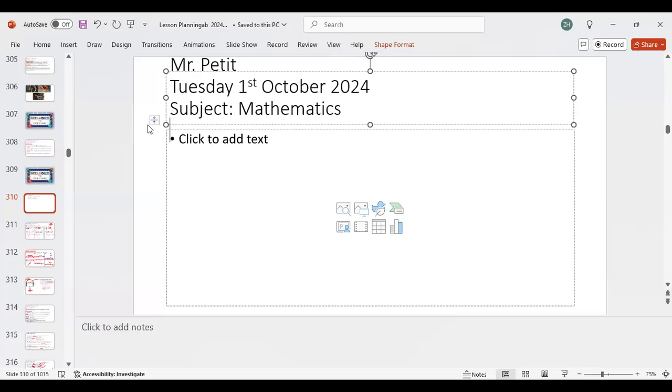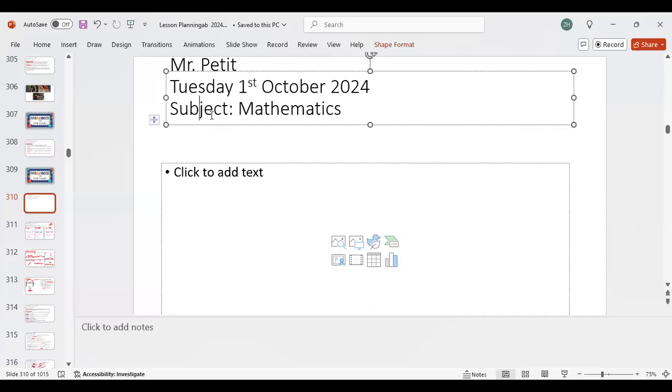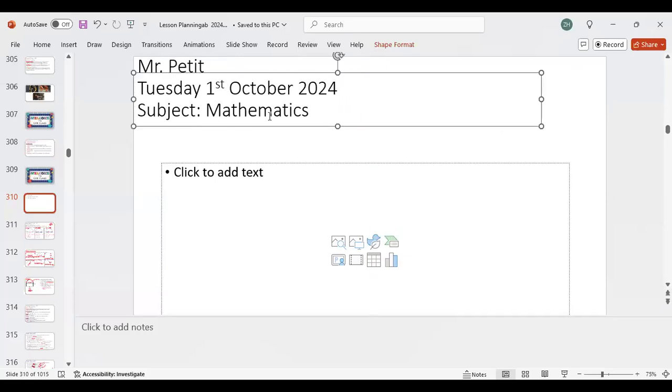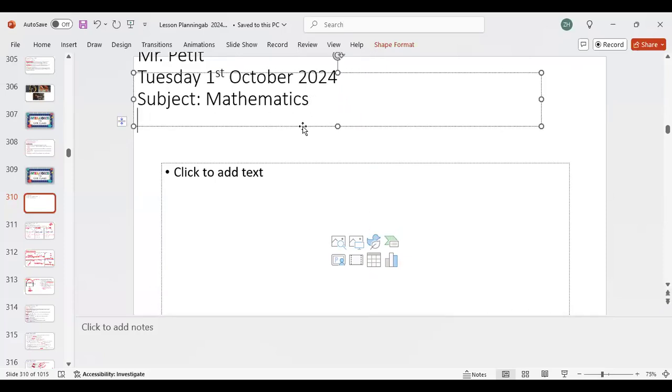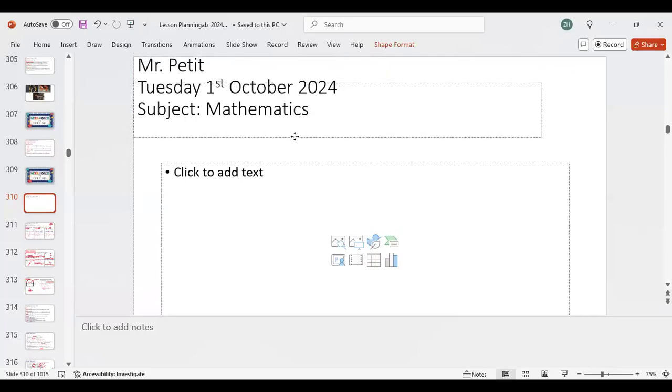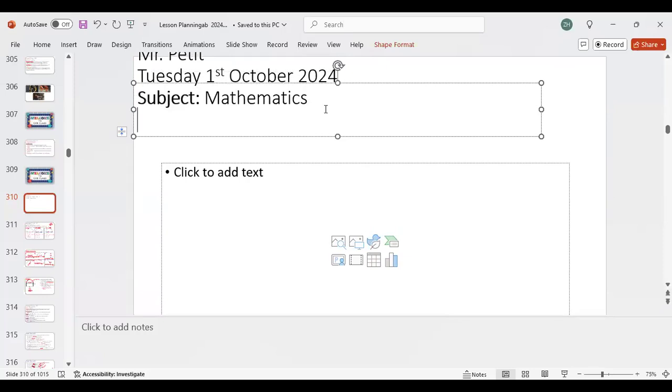And like I said, we are going to be looking at finding the circumference of a semicircle. All right, so the topic is finding the circumference of a semicircle.